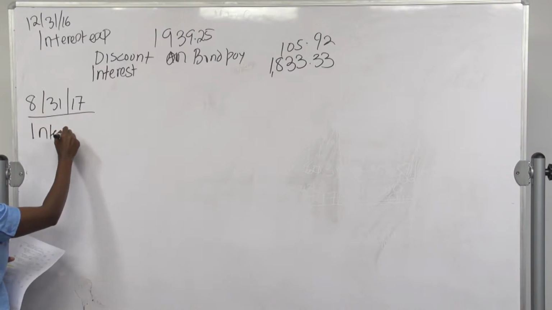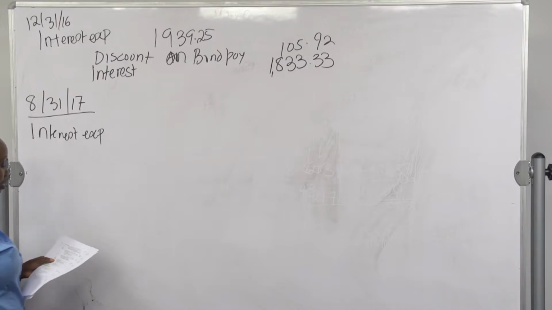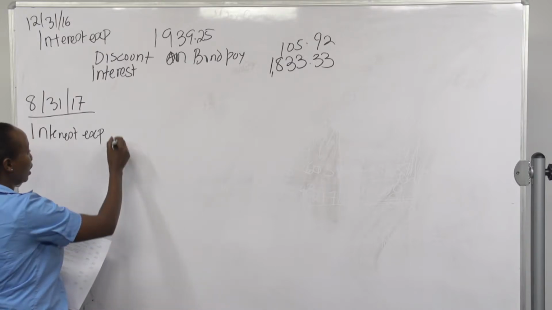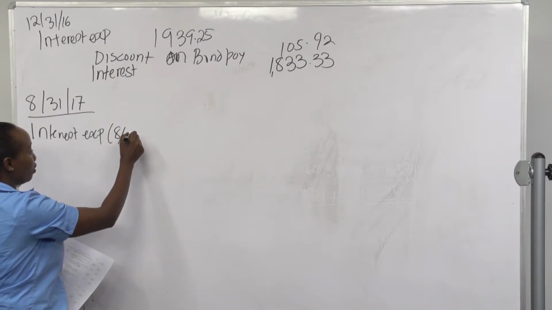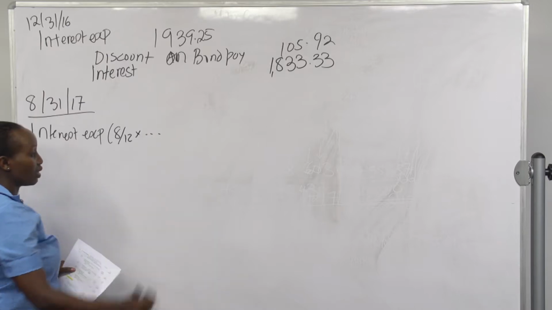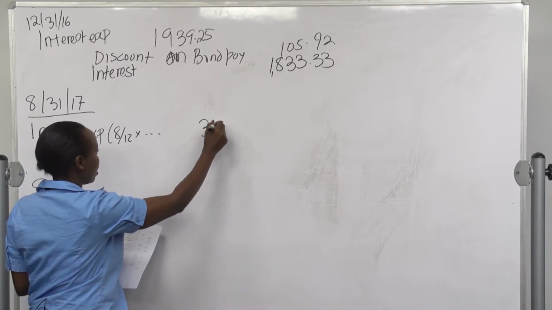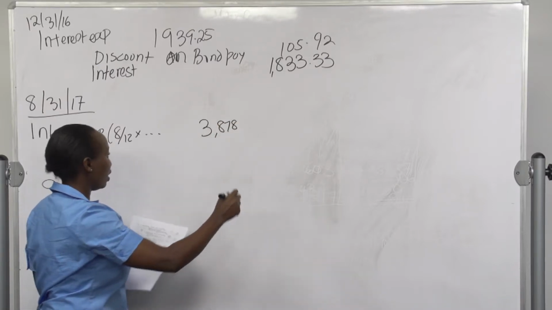So the interest expense is the last carrying value. So that's the 48,481 from the table that we just looked at. And that's 8 months worth of interest. So we'll do 8 over 12 of this here. So that this will give us $3,878.51.